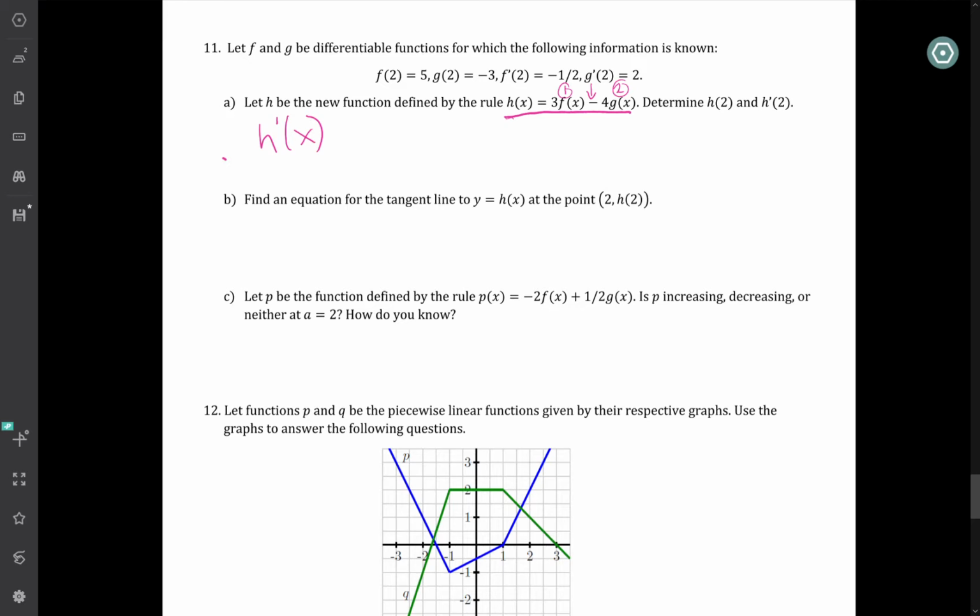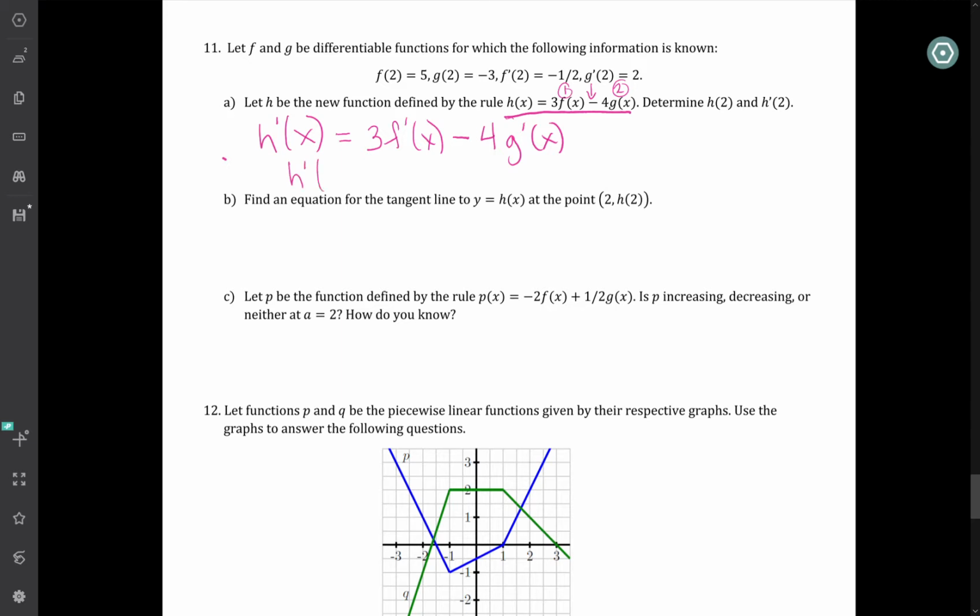For the first piece, we're going to use the constant multiple rule: if there's a 3 out in front of our function, it's just going to stay there, and we'll multiply it by the derivative of our function, which is just going to be an f prime. And when we move to term number 2, we've got the same rule. 4 is just going to hang out in front, and it's going to get multiplied by the derivative of our function.